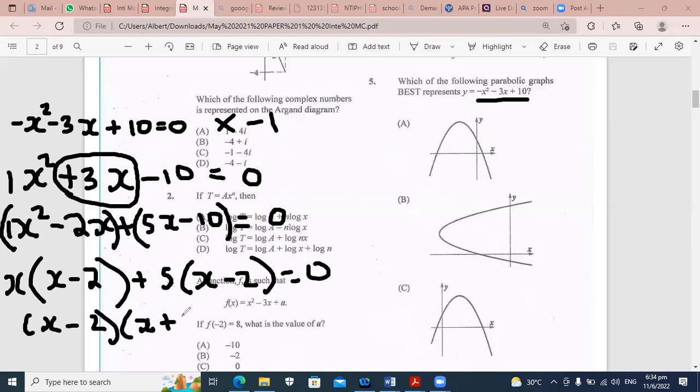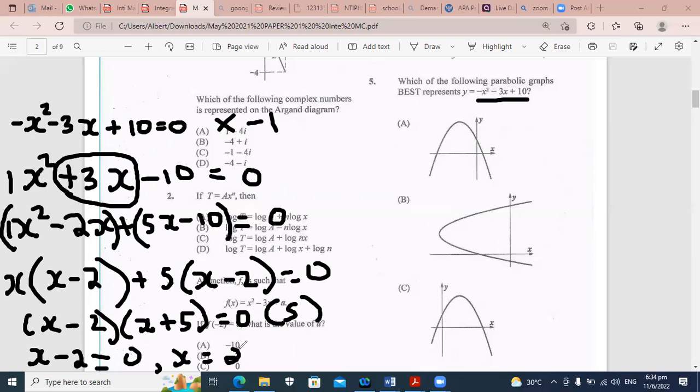What remains is x plus 5. And then we split. So x minus 2 equal to 0, obviously x equals 2. So that's one value. And the other value is x plus 5 equal to 0, or x is equal to negative 5.